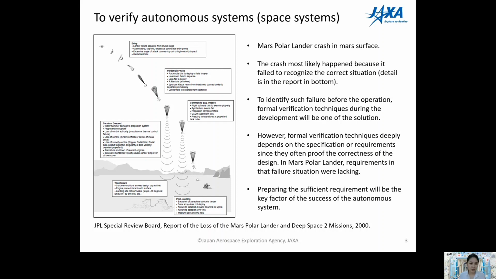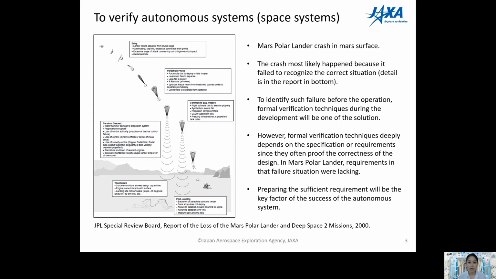I won't go into detail, so if you're interested, please see the report in the bottom part of the chart. So we want to identify such failure before the operation, which means during the development phase. And to find them, we think that formal verification techniques are one of the strong solutions.